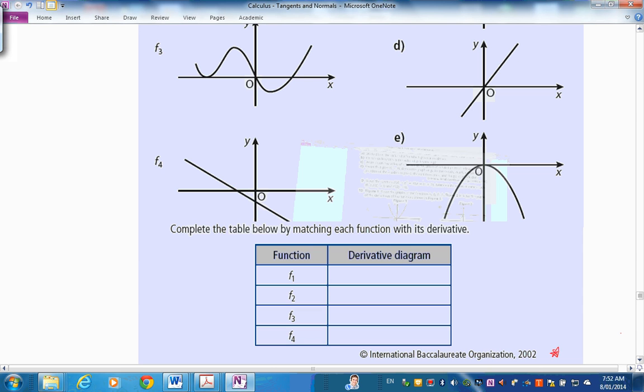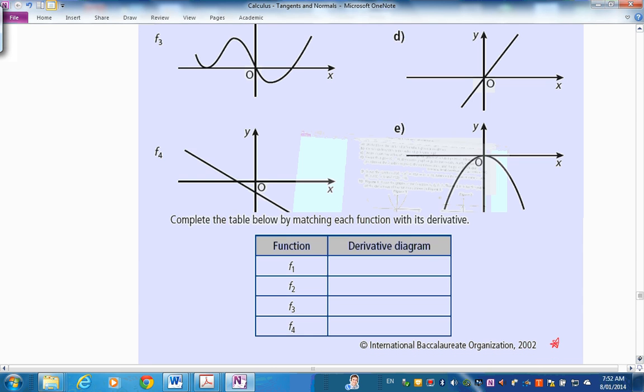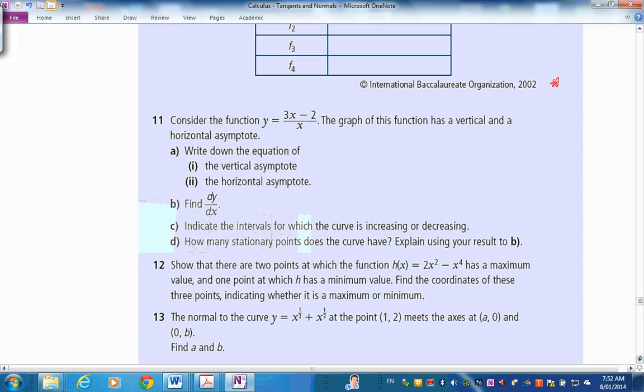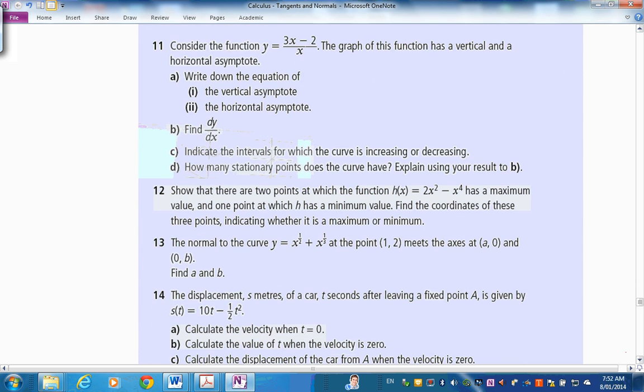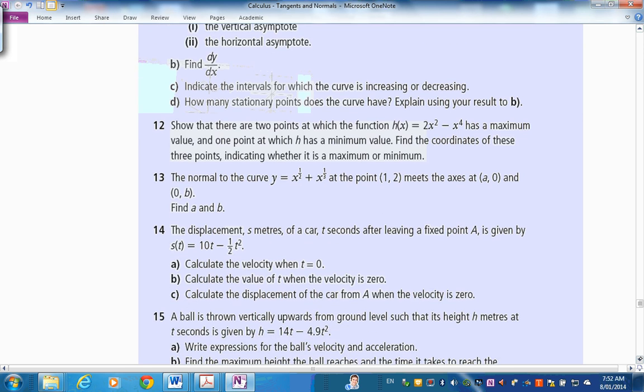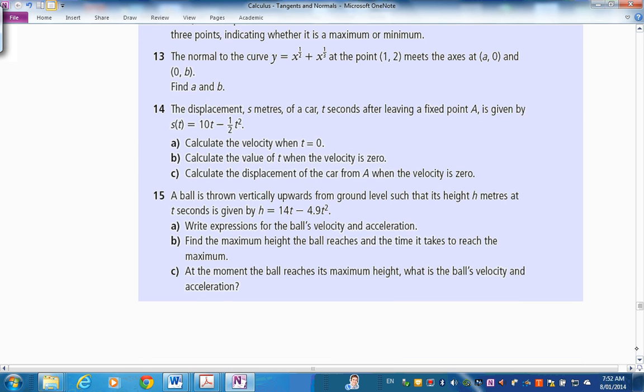So you have to scroll back and have a look at those to do the table. 11 through 13, I think there's a bit more of 14 and 15 to come. Okay, there's 14 and 15.